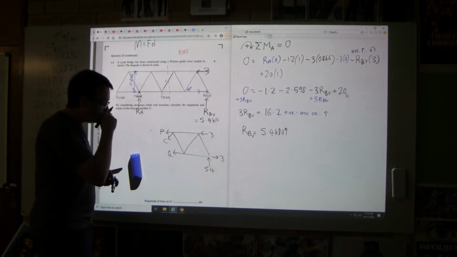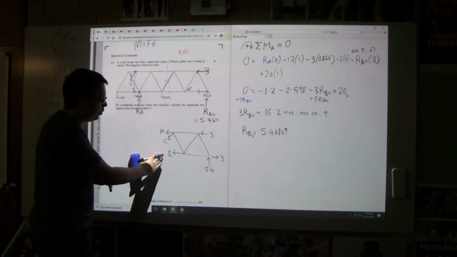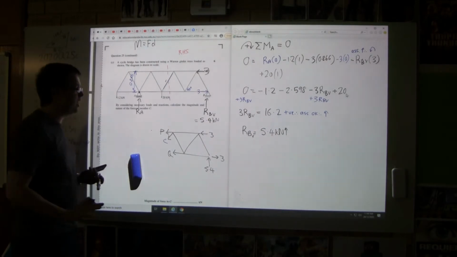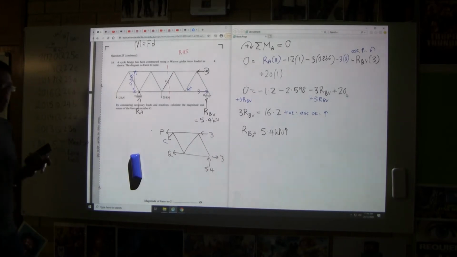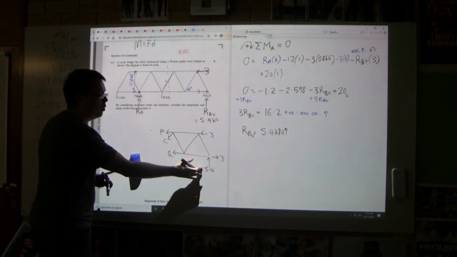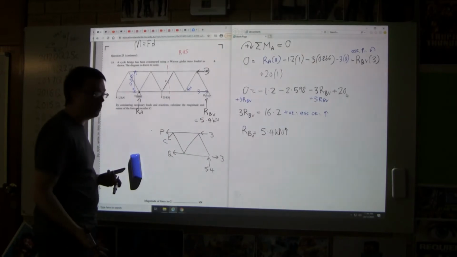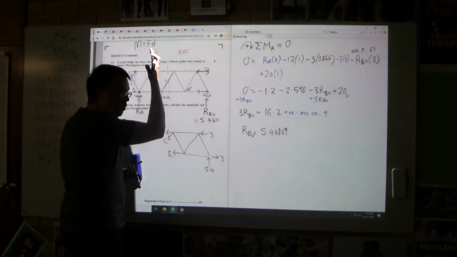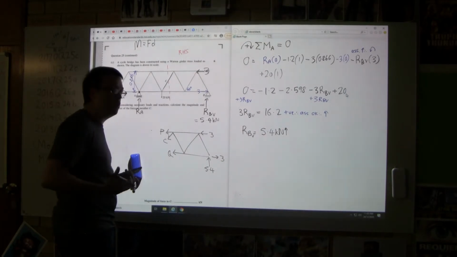Okay. In this case, P and Q, they are both horizontal forces. They cannot deal with anything else other than horizontal forces. So the only way that we can resolve this is by looking at, well, we have this vertical force, something needs to be doing to deal with that.